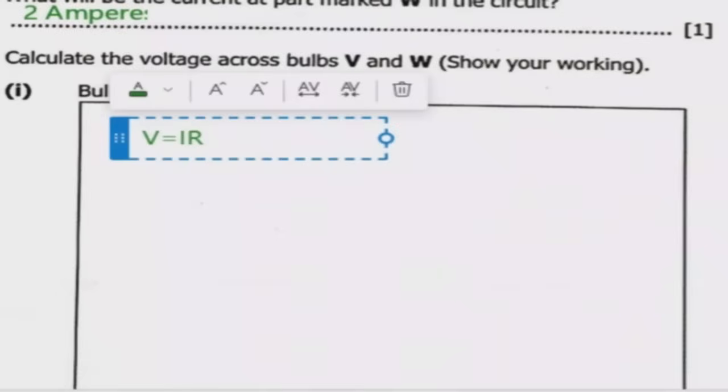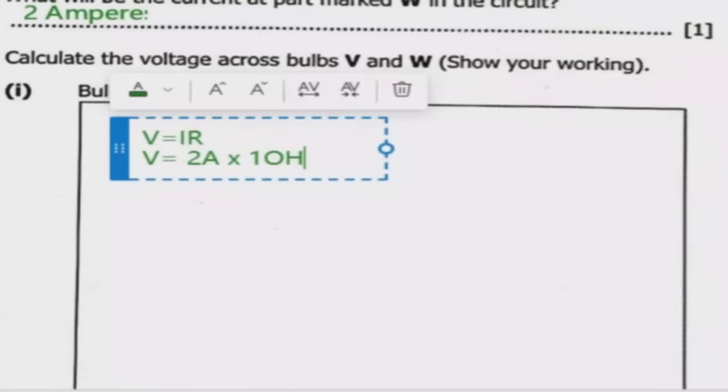Once we have done that, we just say what is the current. V is equal to the current, which we are told is 2 amps, times the resistance, which we are told is 1 ohm. Then we multiply.